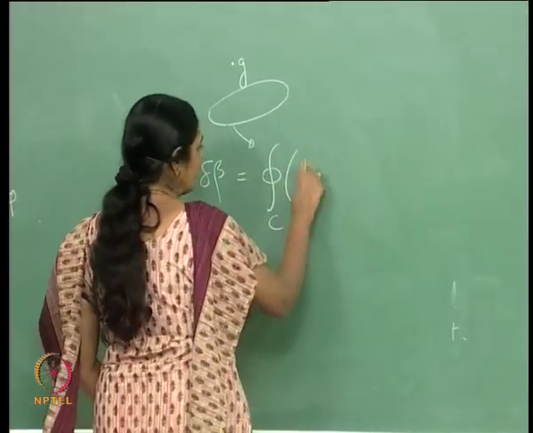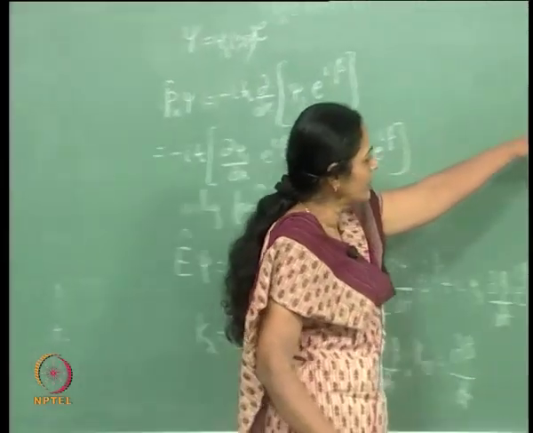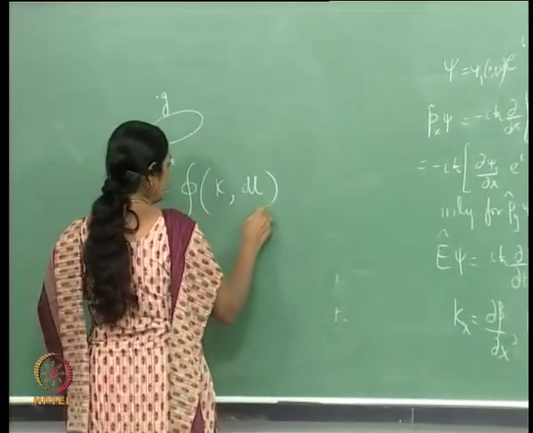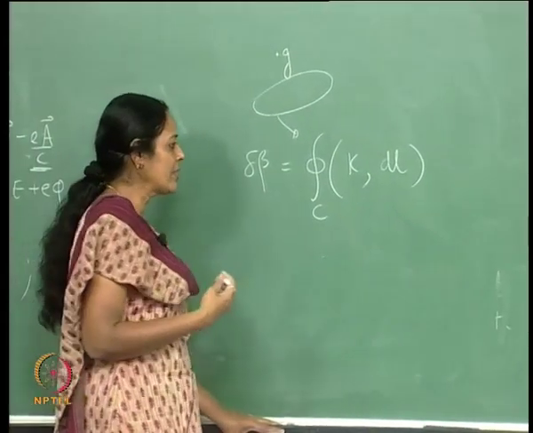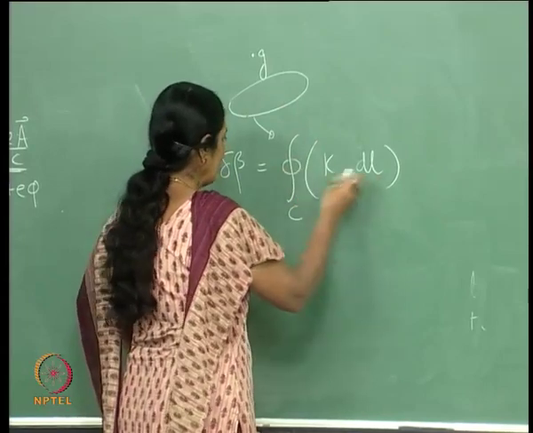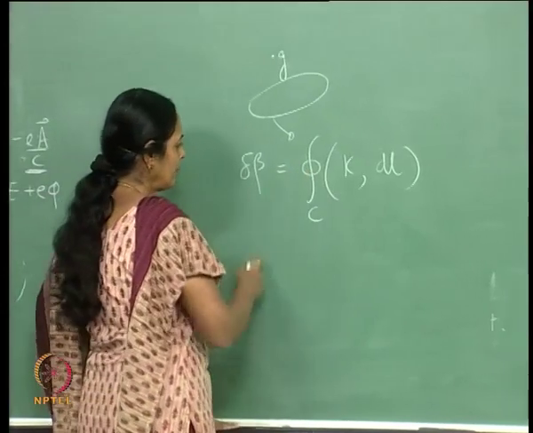So if I defined a k which had components that I have put down here, and I define a dl which has components dt, dx, dy and dz, then in the notation used by Dirac in his paper, this would be the line integral of k.